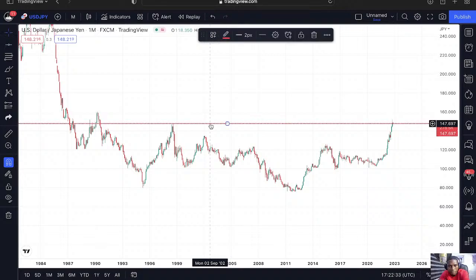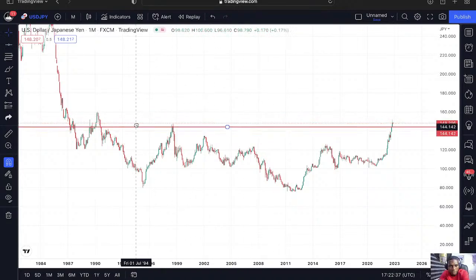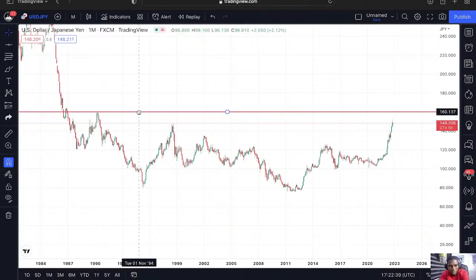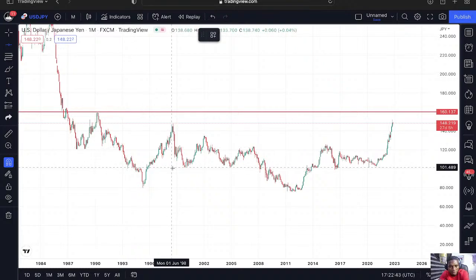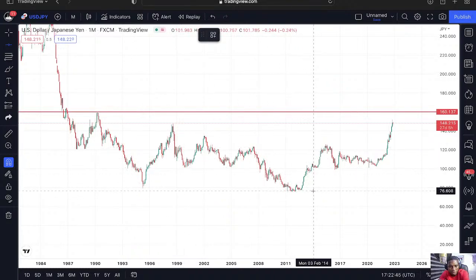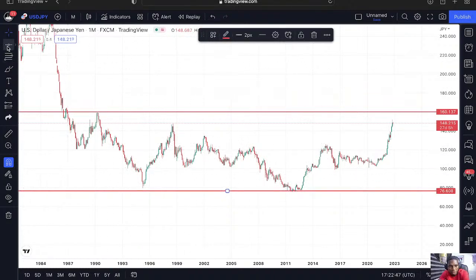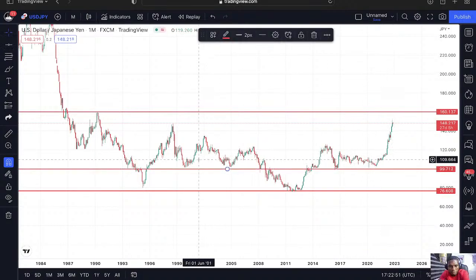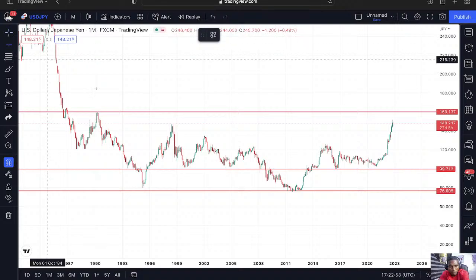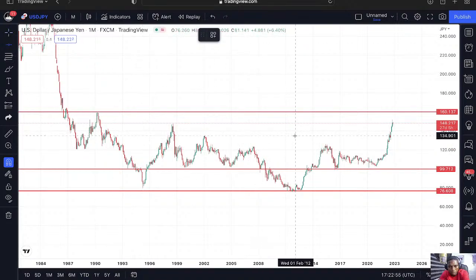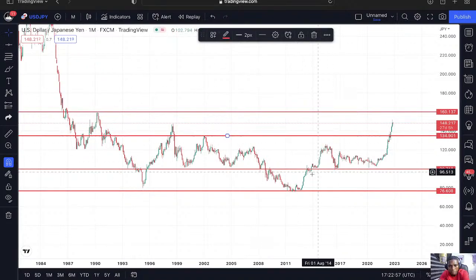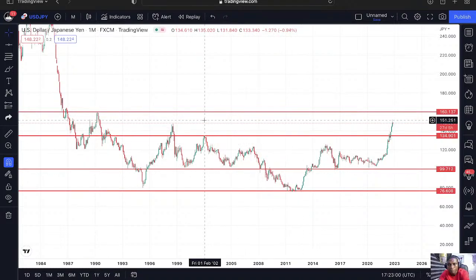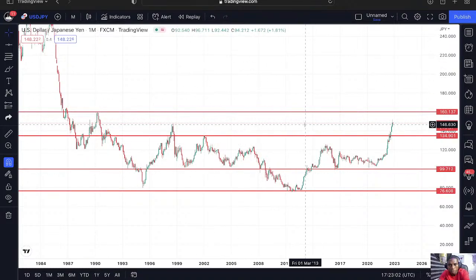Here we can see a resistance level. We can see a support level here. In between, we can see another support level here. And here we can see another resistance level.